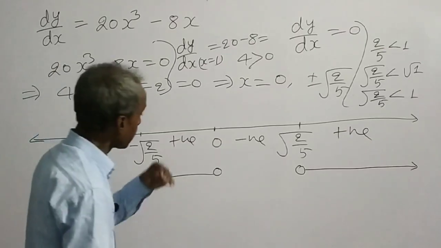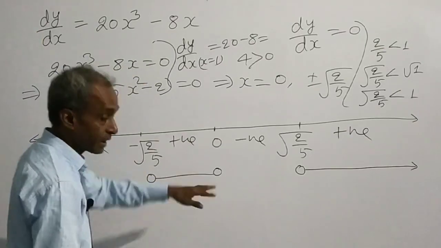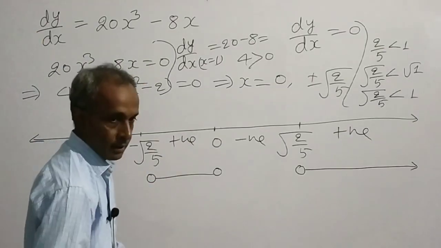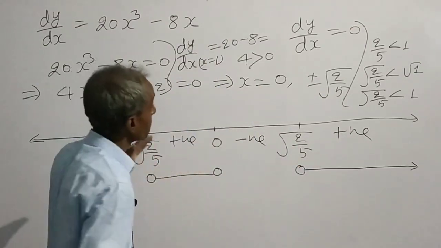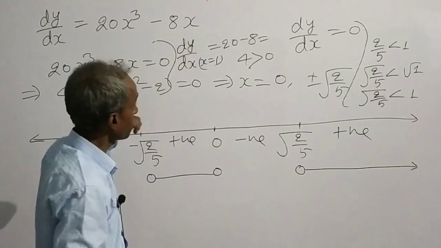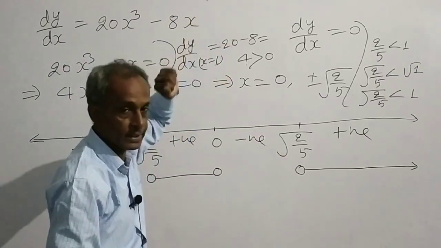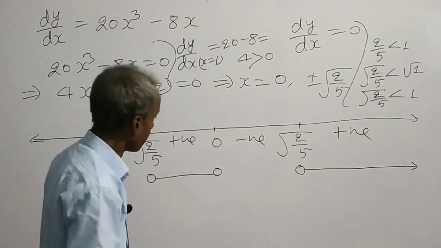The interval in which dy/dx is positive, y is increasing in that interval, the curve is going up, that means the y coordinate is increasing.